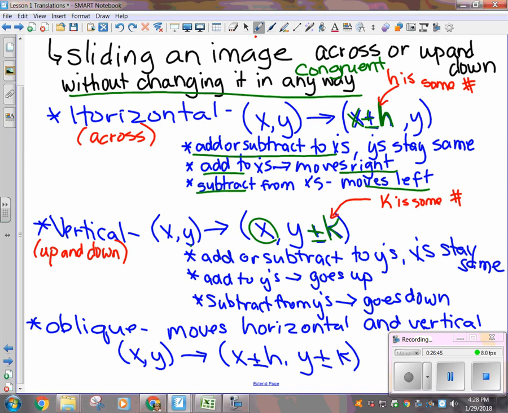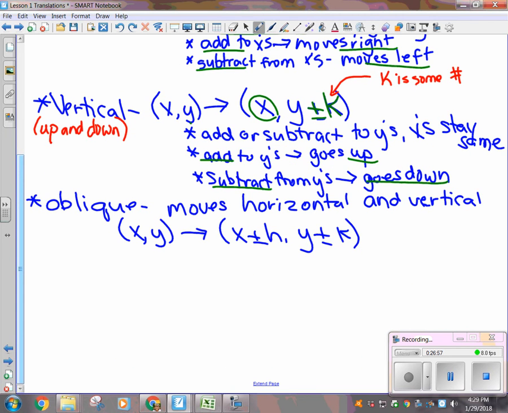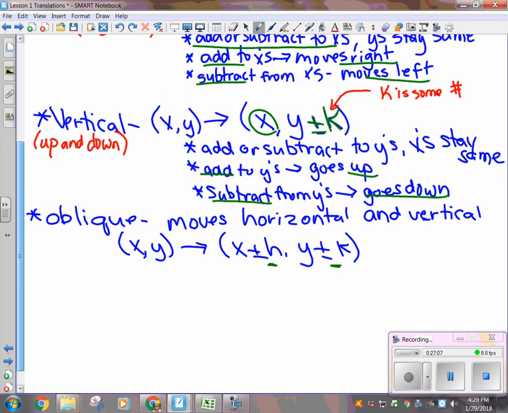So if you add, it goes up, and if you subtract, guess what? It goes down. Oblique is simply when it moves horizontal and vertical at the same time, and that's where you're going to add or subtract something to the x's, and add or subtract something to the y's. In other words, you're going to move it in both directions at the same time.